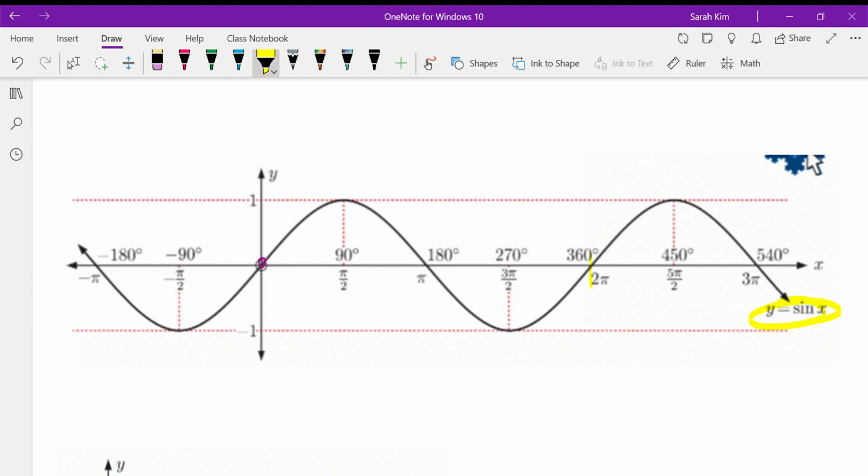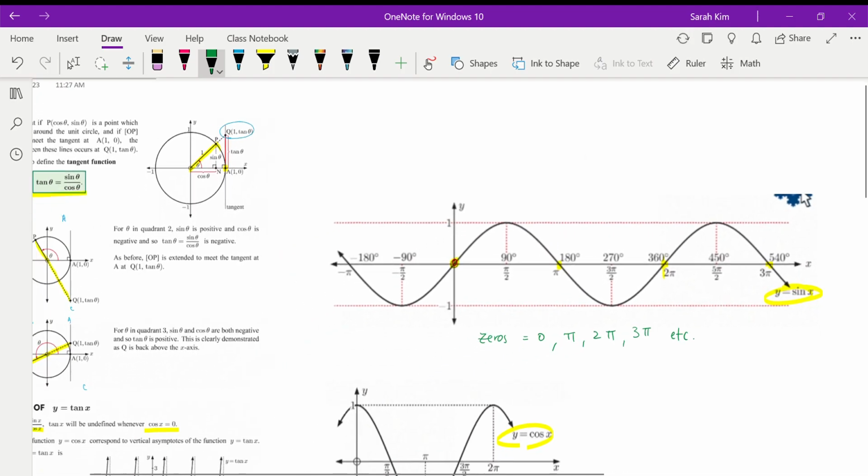Pretty straightforward. So I see a 0 here, so I'm going to write them down. Zeros are 0, another one here, etc. So every pi, 2 pi, 3 pi, etc. Okay, so that's going to be our zeros.